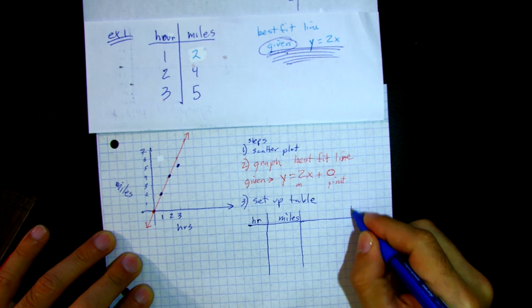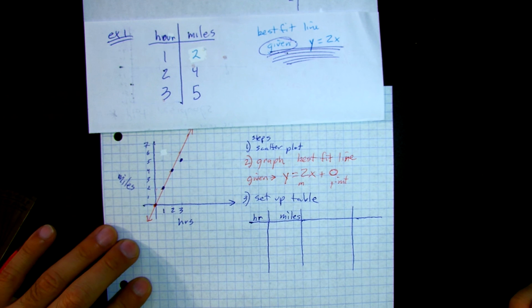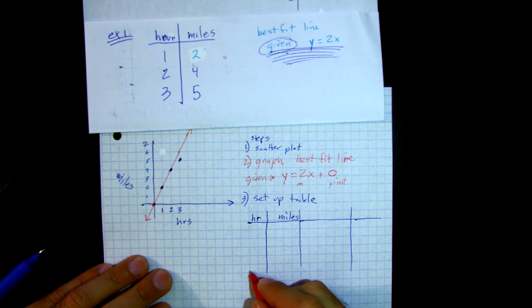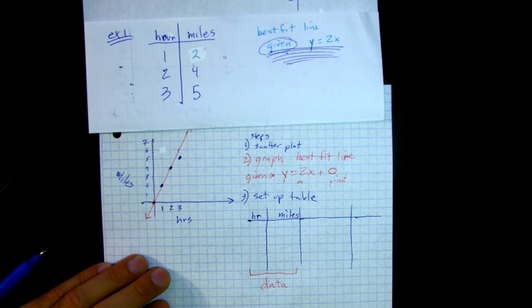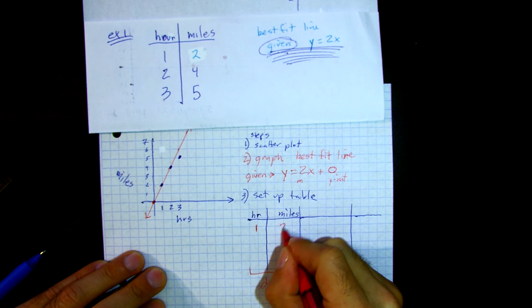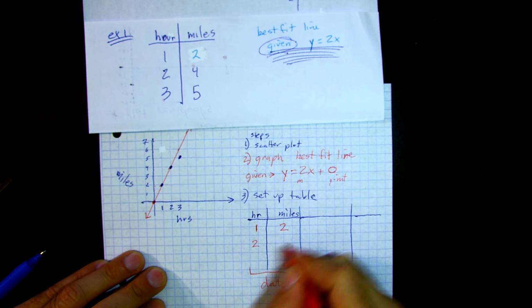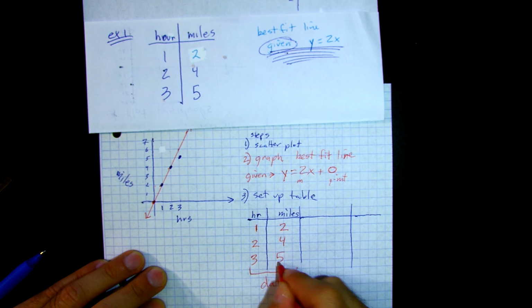Leave a little bit of space. This is the actual data. So at 1 hour, I had gone 2 miles. At 2 hours, I was at mile 4. At 3 hours, I was at mile 5.